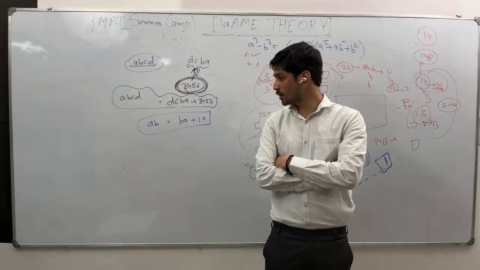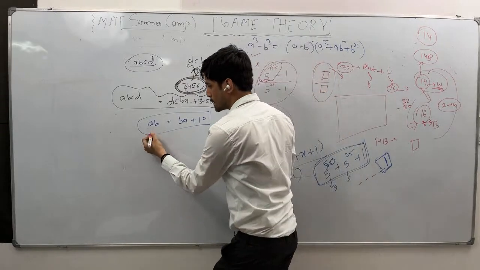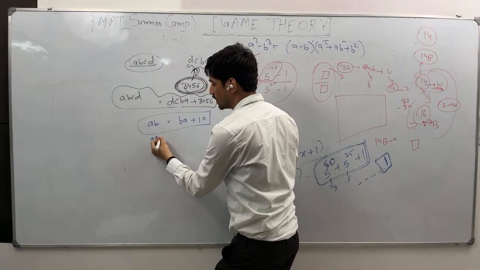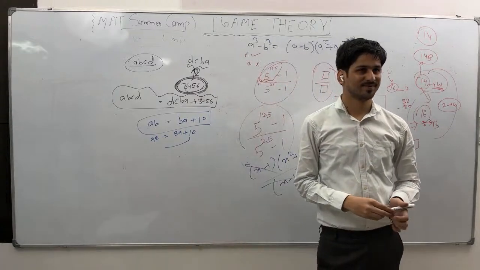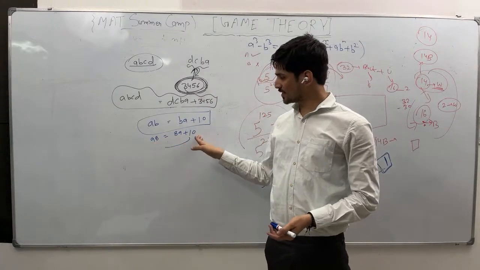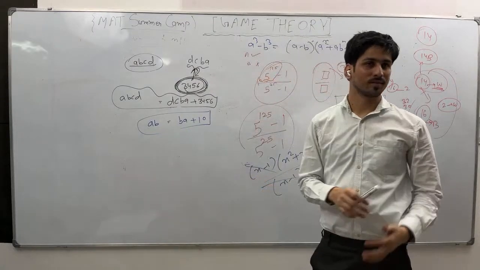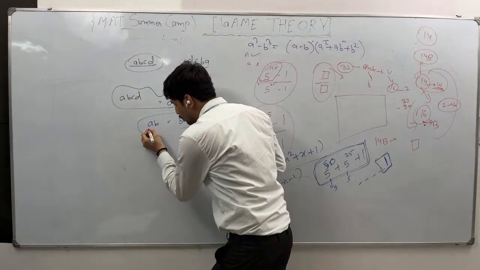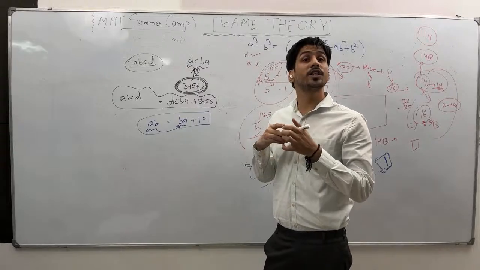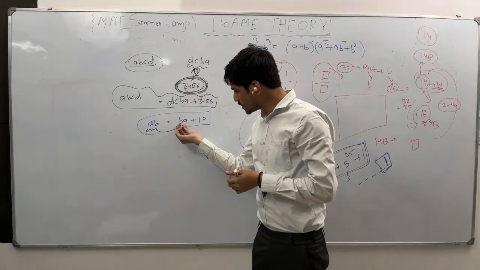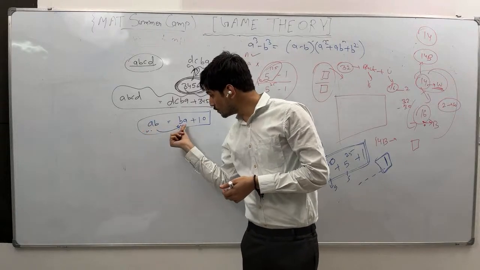Can you find A and B? 98 and 89, this will give you 99. It means if I have a two-digit number and reverse the digits, and the number decreases by 10, then if I add 10 to the reversed number, I must get the original number. So from here, how to find the value of A and B?